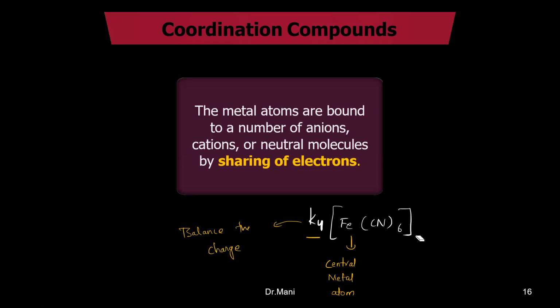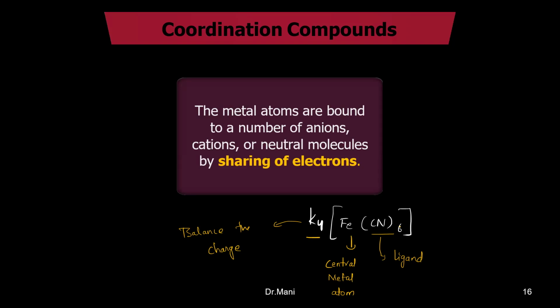So this is said to be a ligand. There are six cyanide groups, and these all will be surrounding this central metal atom. So if you take Fe, it will be surrounded by these ligands. That's how it will be when you see the structure. And how is this coordination compound formed? The metal atom shares electrons with the other structures.